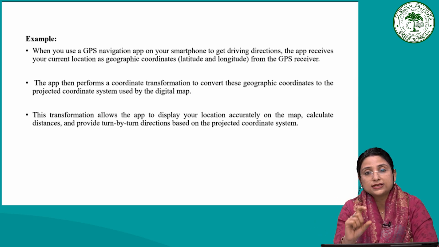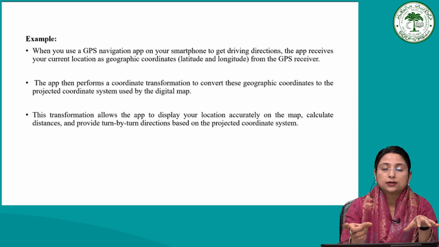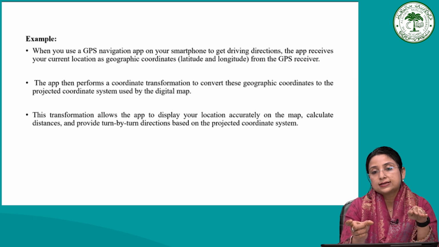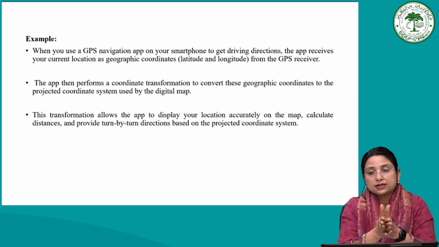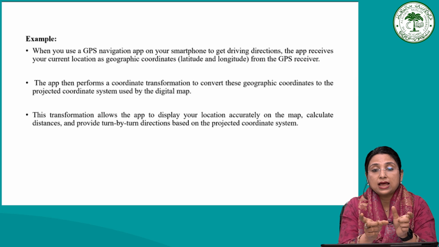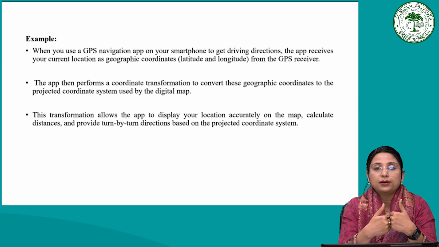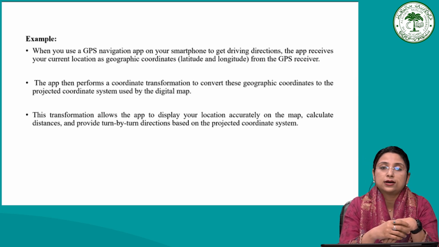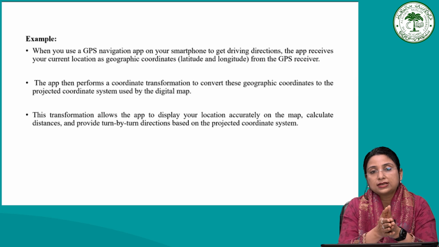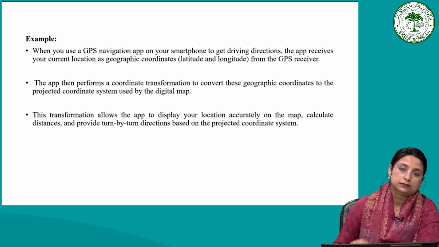The digital map uses a projected coordinate system, while our position is recorded in a geographic coordinate system, so it is transformed through the app. This transformation allows the app to display our location accurately on the map, calculate distances, and provide turn-by-turn directions based on the projected coordinate system. Such coordinate transformation can be seen during GPS navigation.